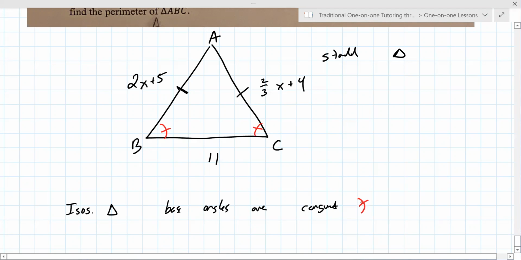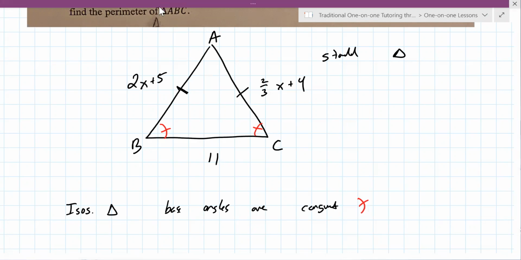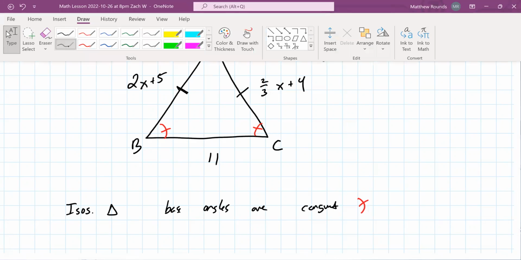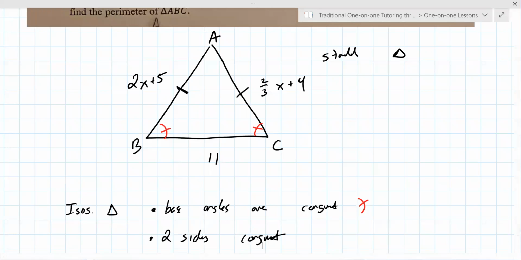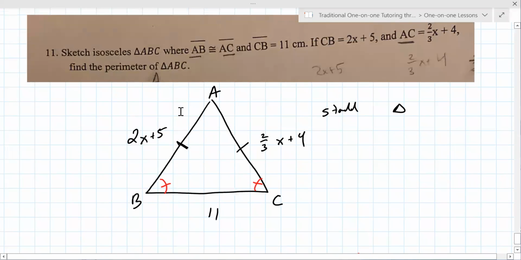And then more importantly, it's got two sides congruent. It could have, I guess it did need to say this.